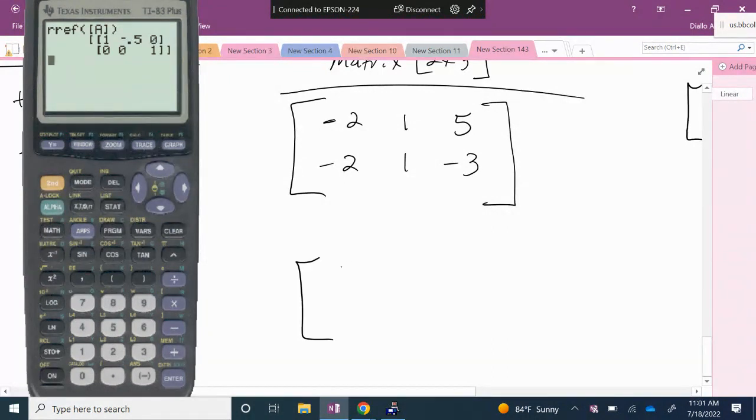All right, so I'm going to write that down. So I have 1, negative 0.5, and 0, and then I have 0, 0, 1. So just as we put it in as a matrix, we can take it out as a matrix.